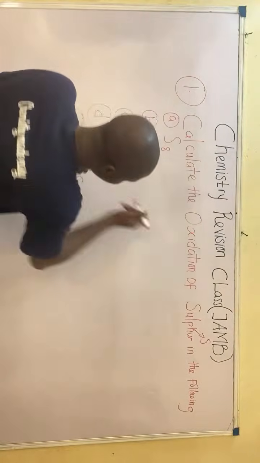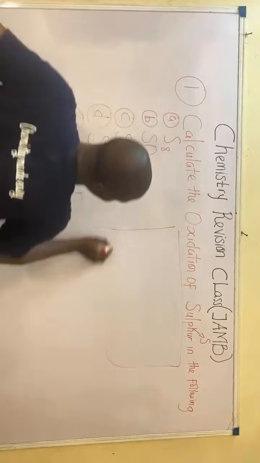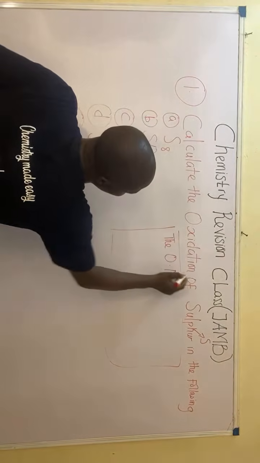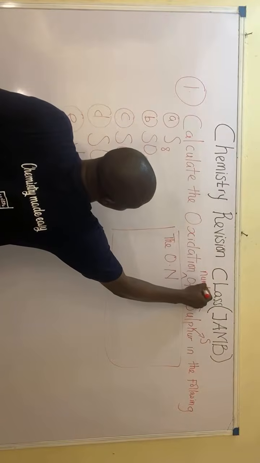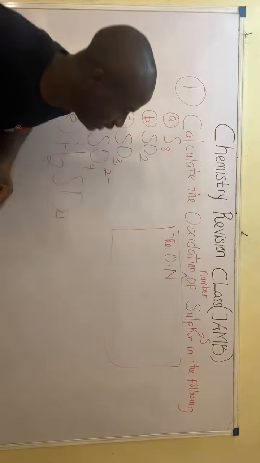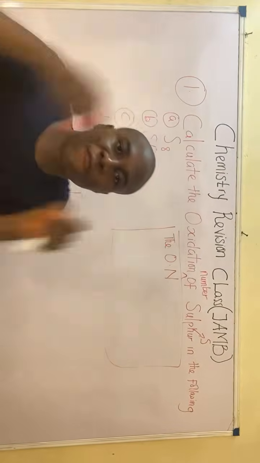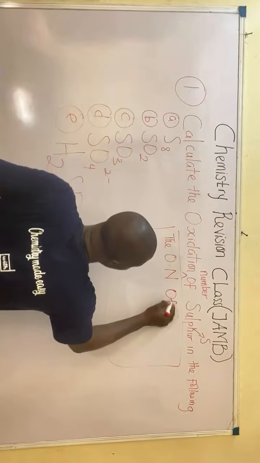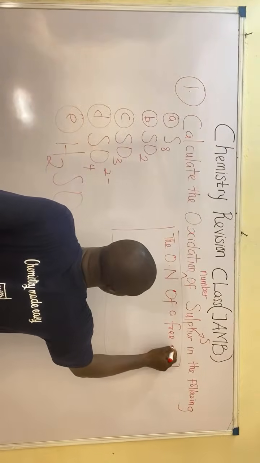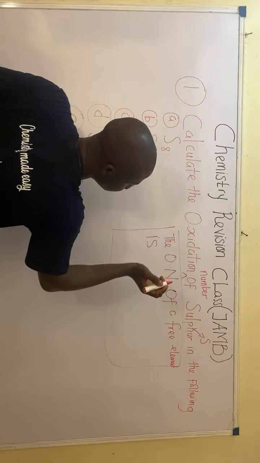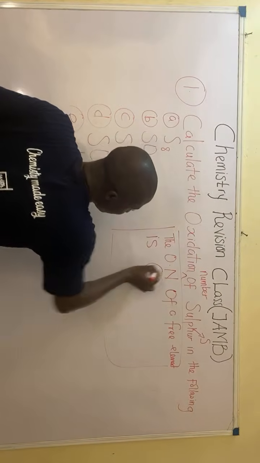Now it says that the oxidation number, ON, of a free element is 0.